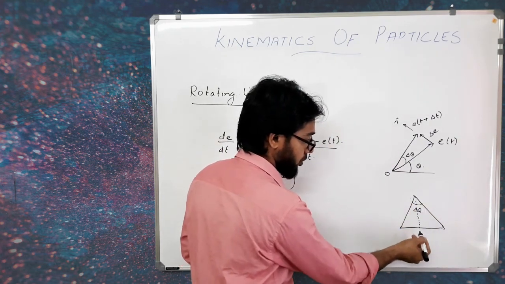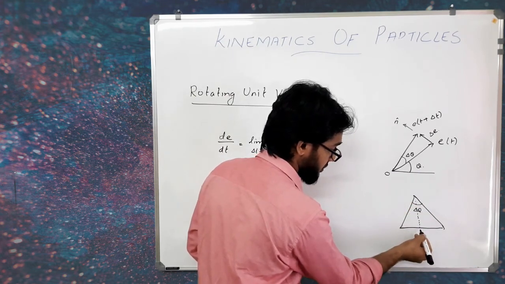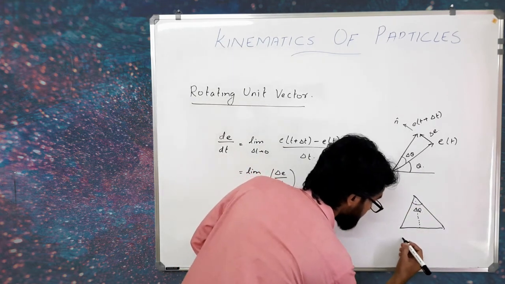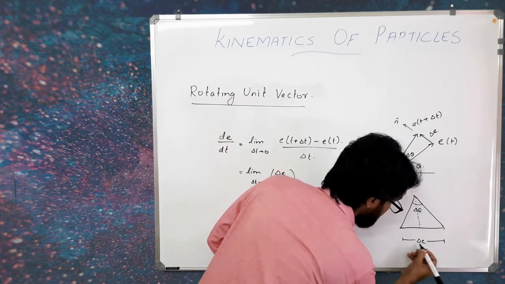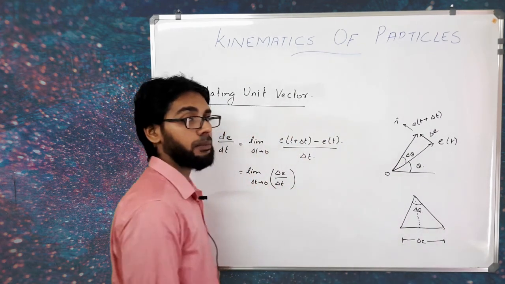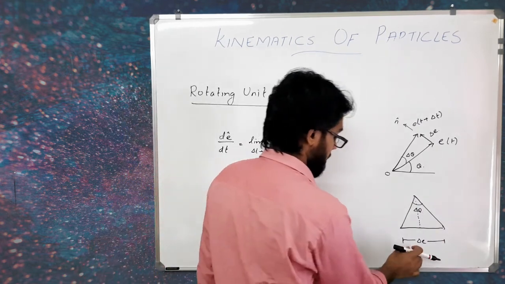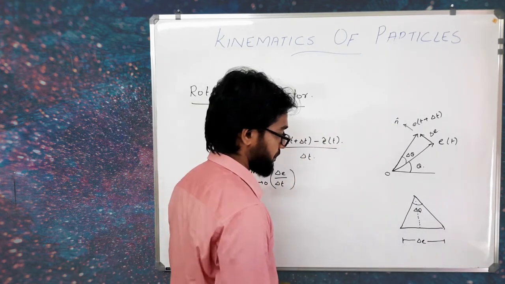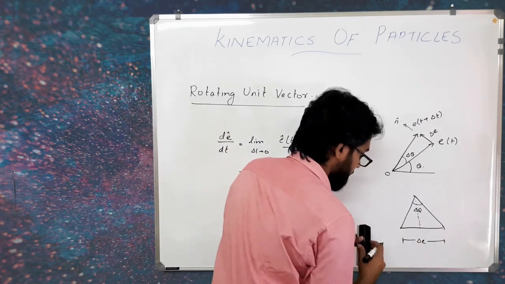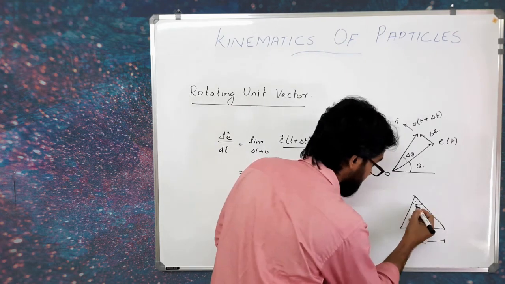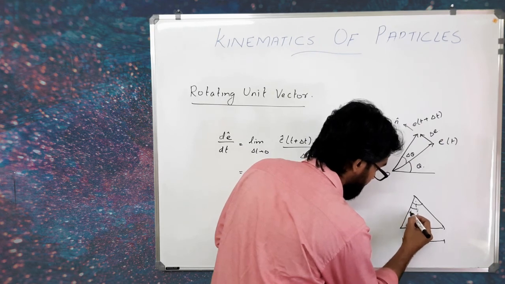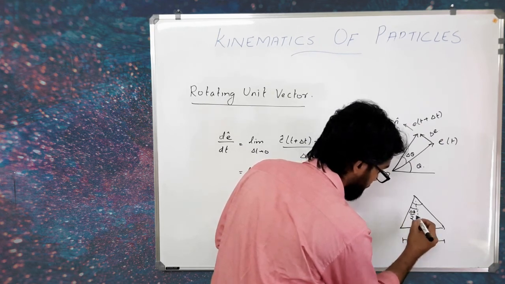I draw the perpendicular from this vertex here. This is ΔE in terms of magnitude. Now, if you look at this closely, since this entire angle is Δθ, this angle will be Δθ by 2.